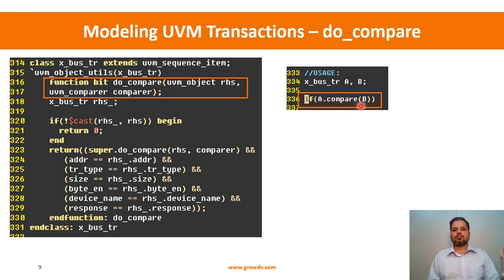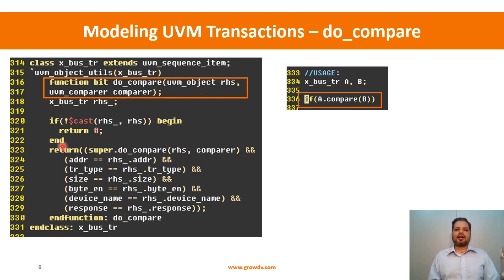So here we are assuming that both the A and B objects are present, and the way you use it is you say if A dot compare B, and B would map to the RHS over here, and our function will return true or false. When you do this, the do compare function present within this sequence item A would get invoked, and B would be passed as an argument over here as RHS.